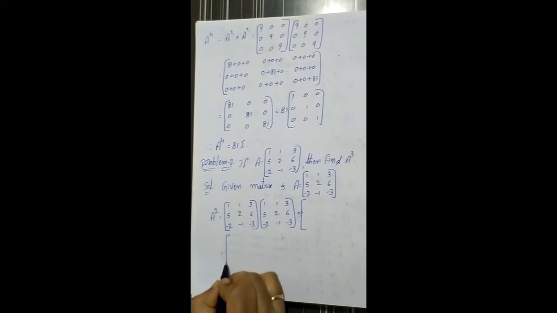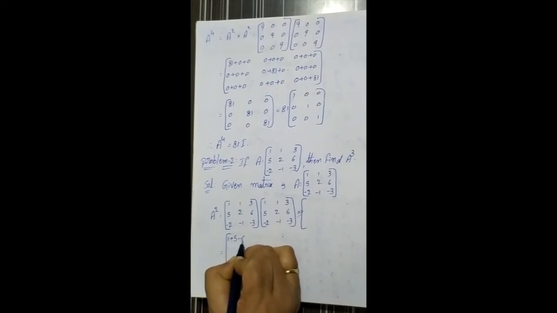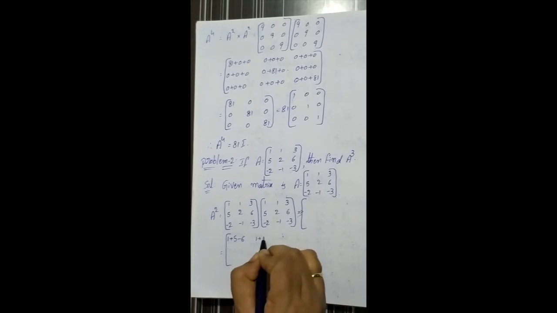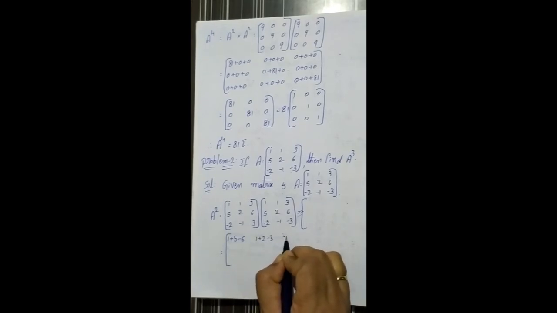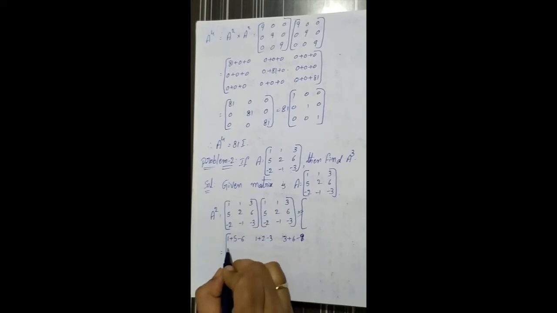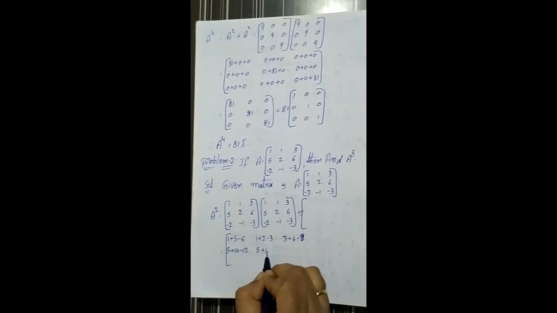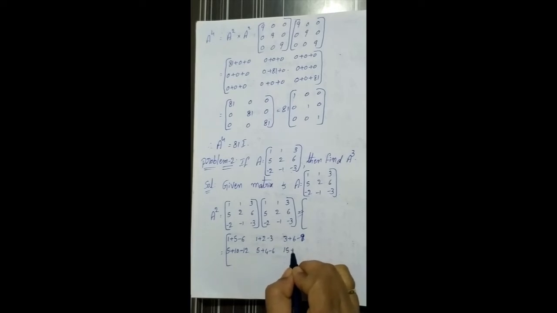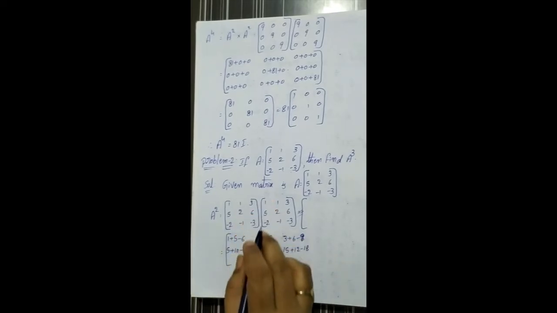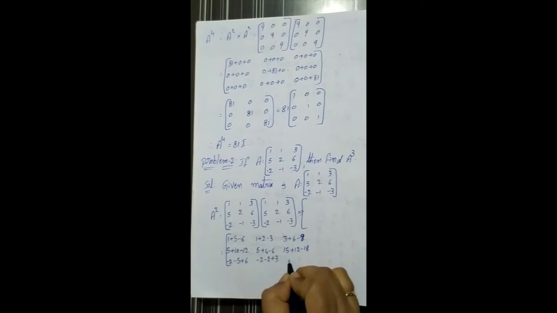First row first column: 1 into 1, 1 plus 5 minus 6; 1 plus 2 minus 3; 3 plus 6 minus 6, 9; 5 plus 10 minus 12; 5 plus 4 minus 6; 15 plus 12 minus 18; minus 2 minus 5 plus 6; minus 2 plus 3; minus 6 plus 9.